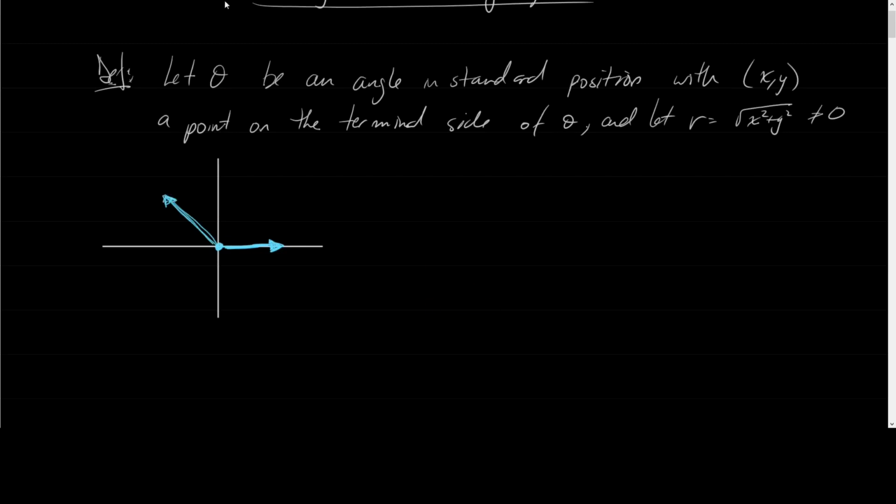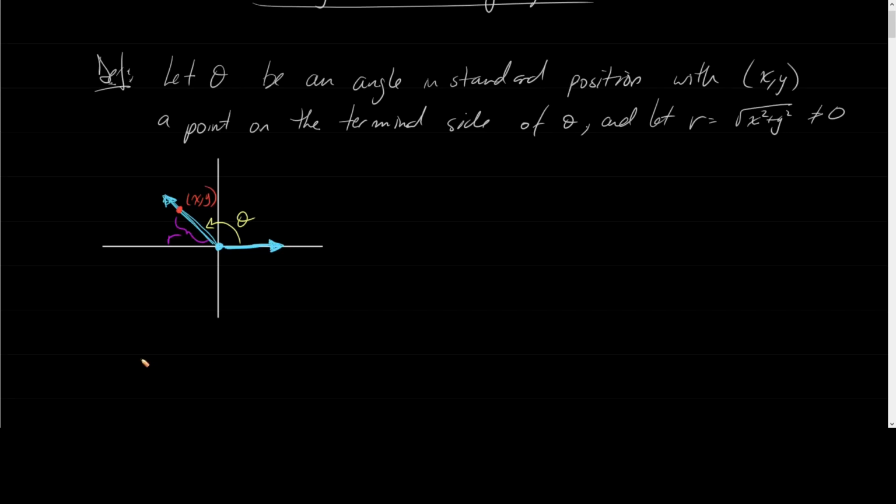Here, that is our angle theta. And we've got some point x comma y on the terminal side here. The last thing I'll add here is our variable r is this distance right here. That is r.